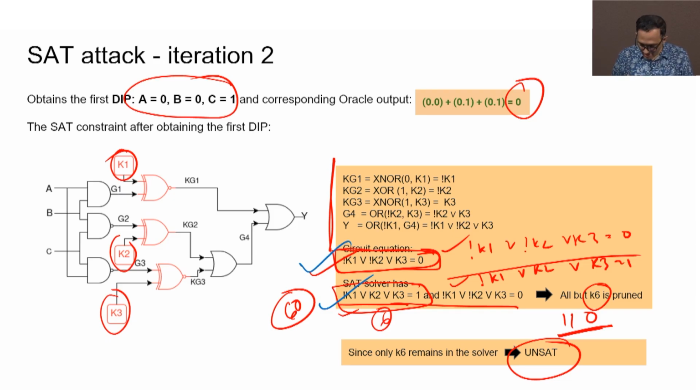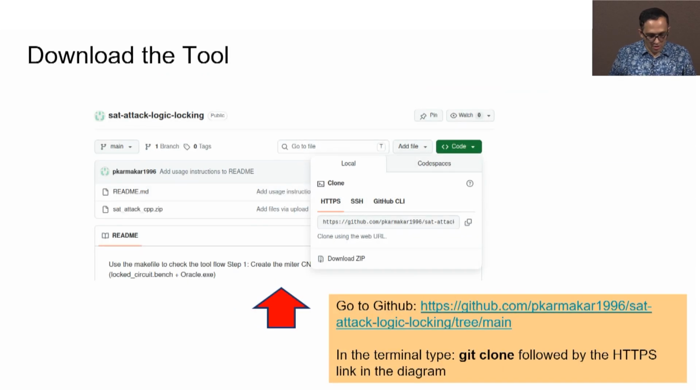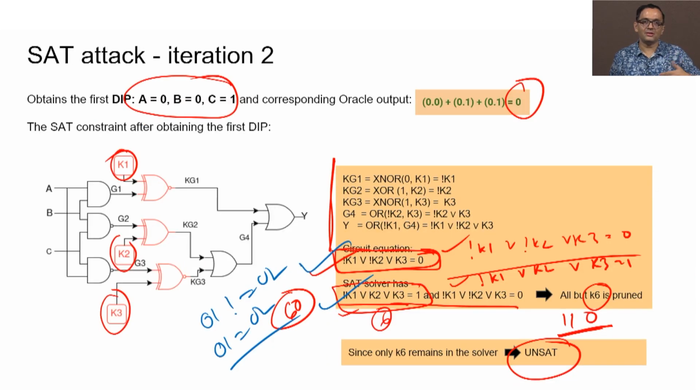So it will return unsat, and if I take the negation of the formula, that is, instead of O1 not equal to O2, I check O1 equal to O2, I will get the key. Okay, so this is how the SAT attack is run on CryptoMiniSat.